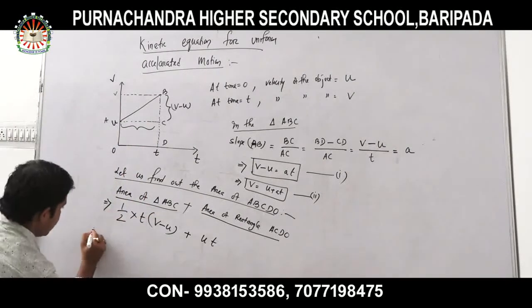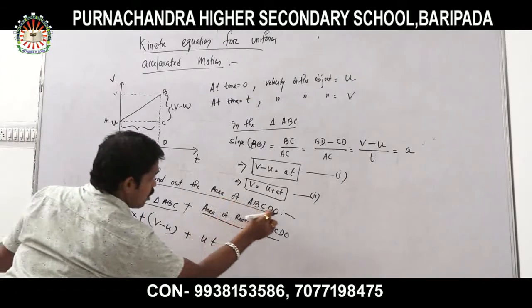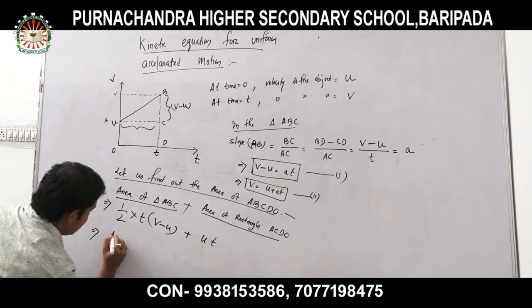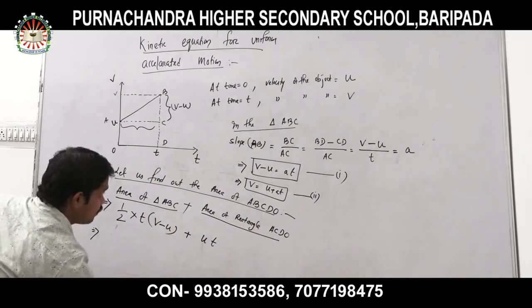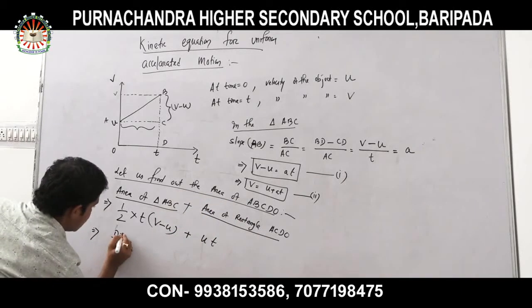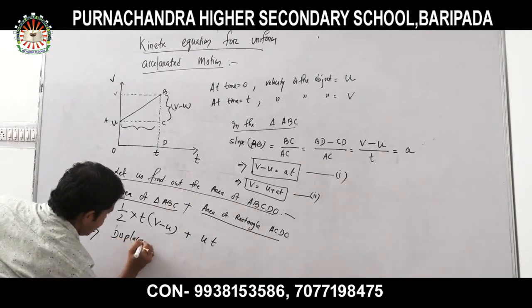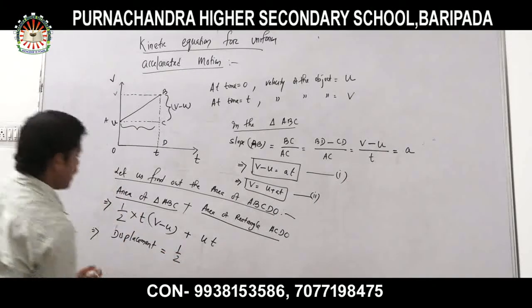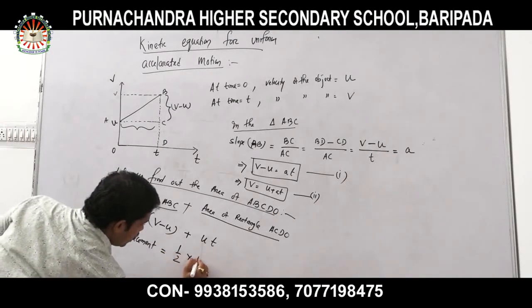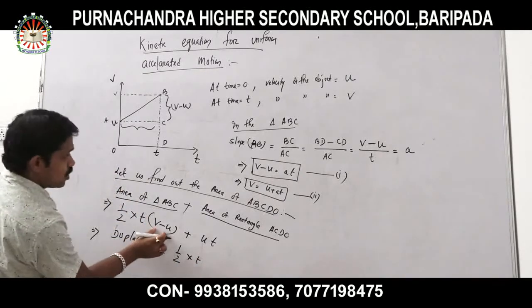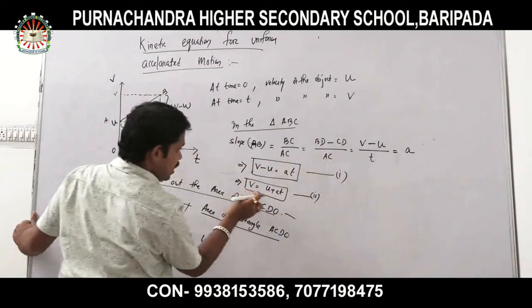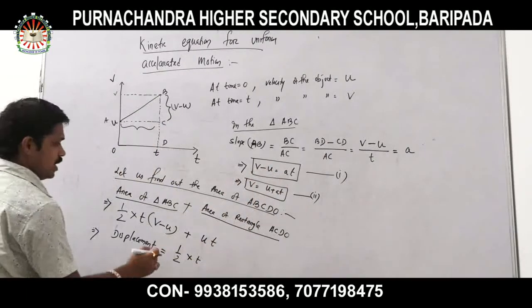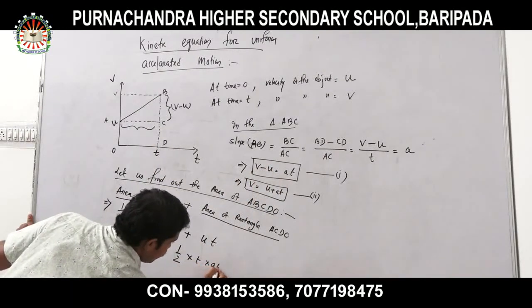Very simple. So this area of ABCDO is the displacement, equal to half into T into V minus U. What is the value of V minus U? Look at here, V minus U is equal to AT. So let us put it here: AT.